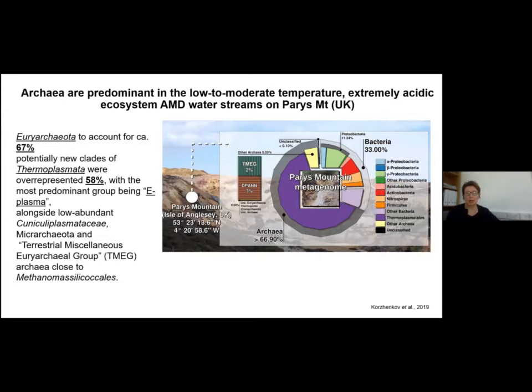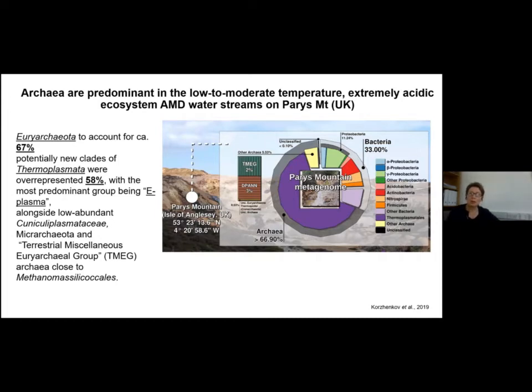So what we actually learned during our metagenomic work with Parys Mountain microbiome. Contrary to expectations, we found that Archaea could predominate in this low to moderate temperature environment.